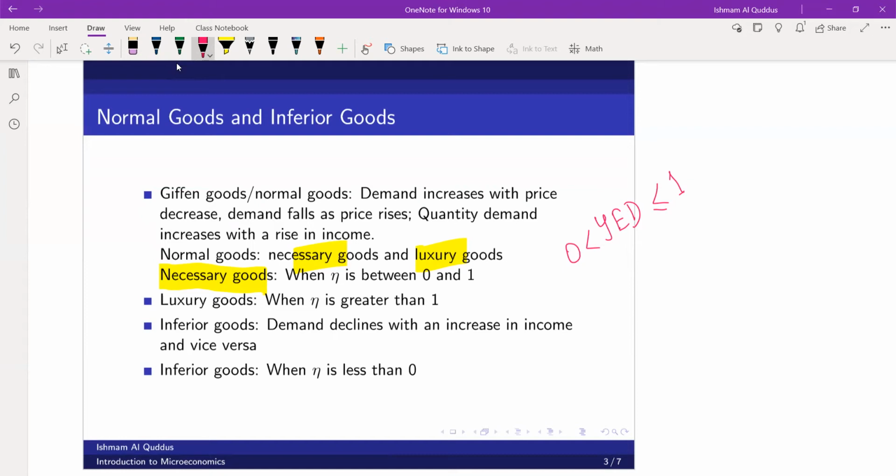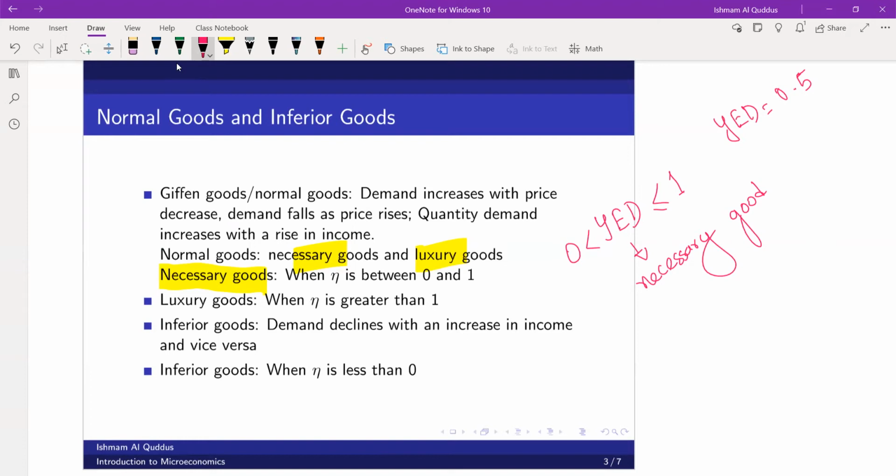So the YED represents a necessary good. So let's say YED is 0.5. So this falls between 0 and 1, right? So this represents a necessary good.